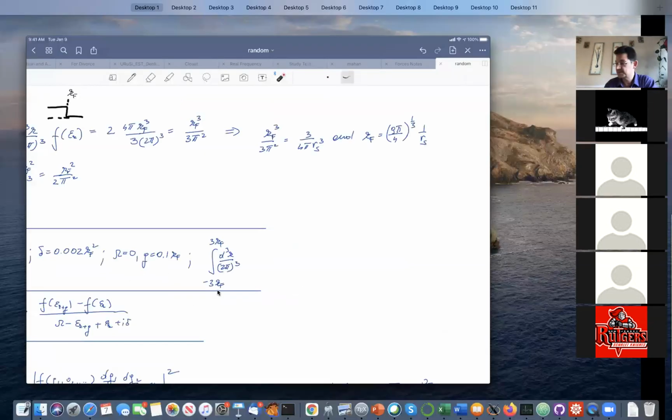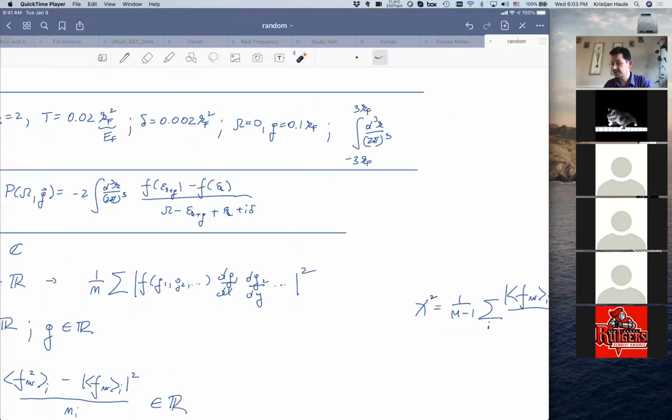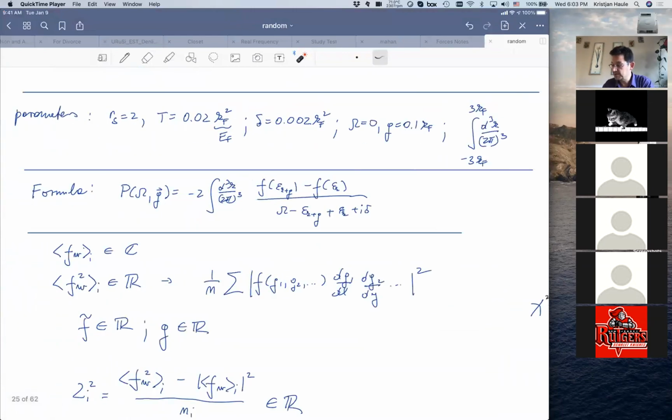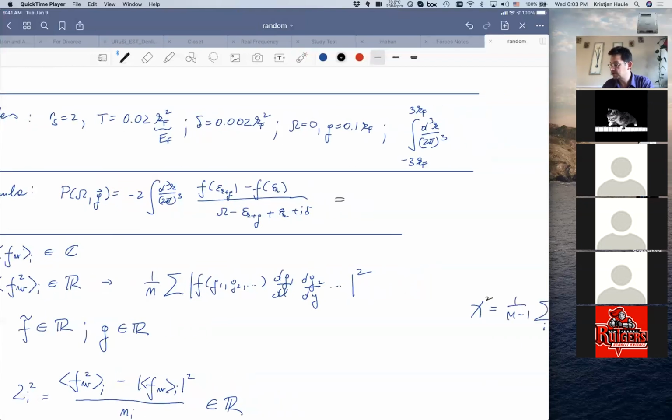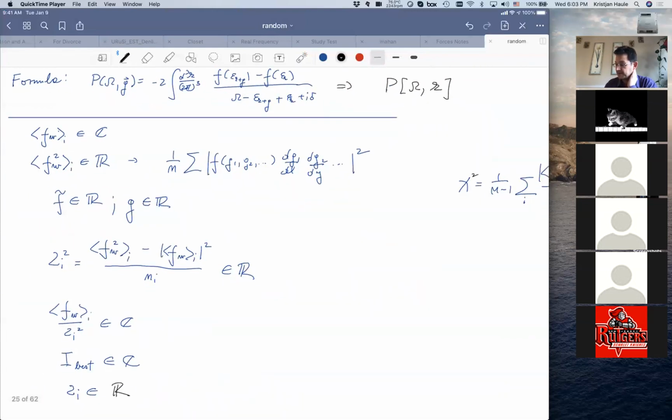So once more, the idea is the following. When we evaluate this quantity, P of omega and Q, we're going to store it as an array of omega and as an array of all momenta K. So we're going to have a two-dimensional array rather than a one-dimensional array. And of course, all these quantities are going to be arrays as well.